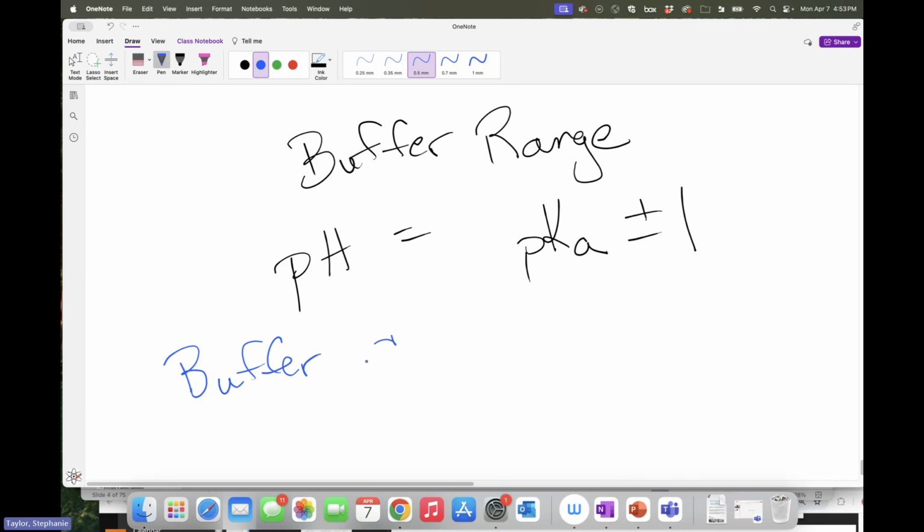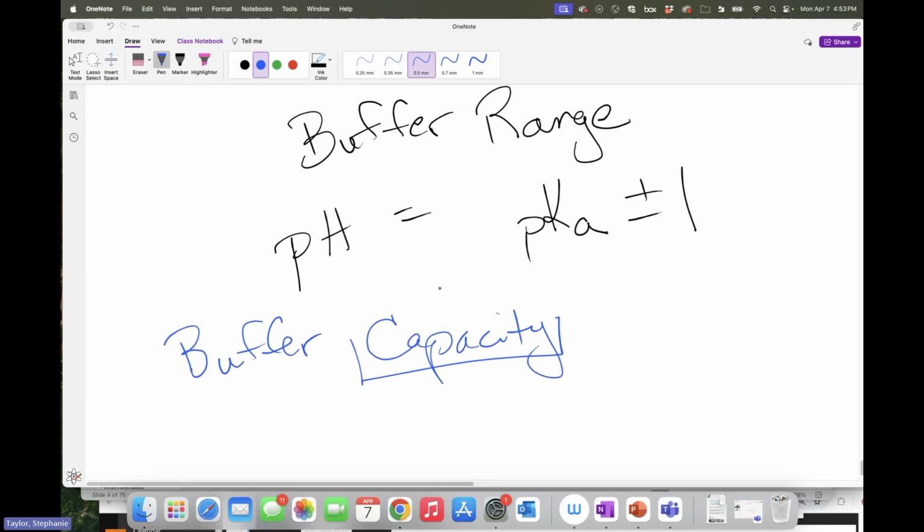Buffer capacity. Whenever we talk about the word capacity, this has connotations in the English language. You might see a room capacity or an elevator capacity. Elevators usually list it in weight. It'll tell you how many pounds the elevator can handle.